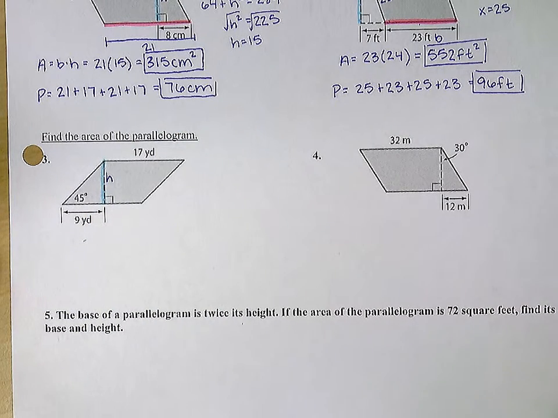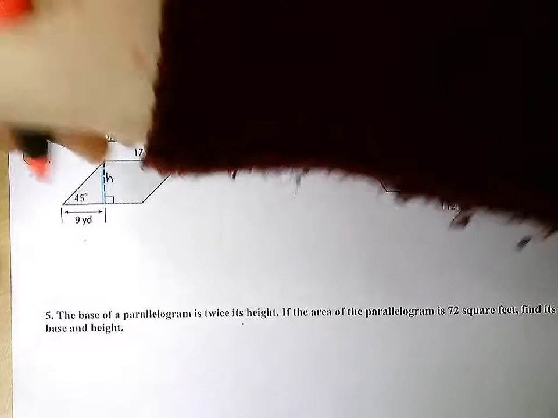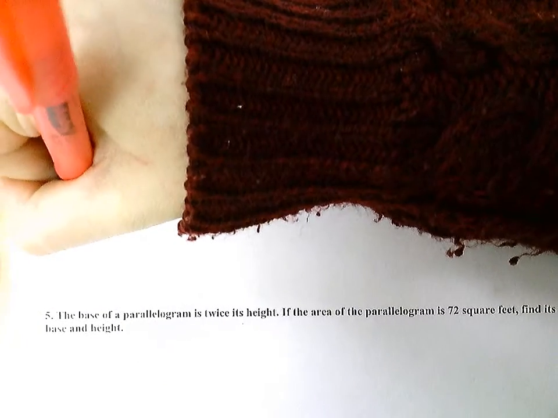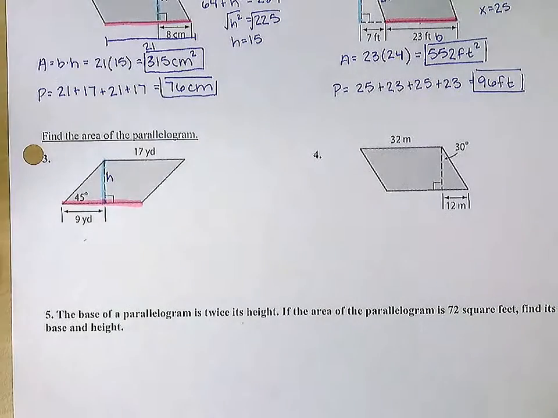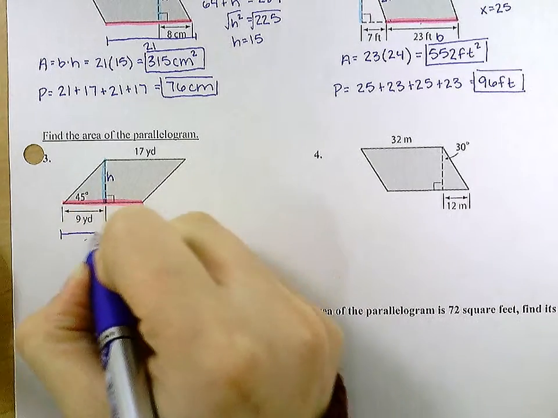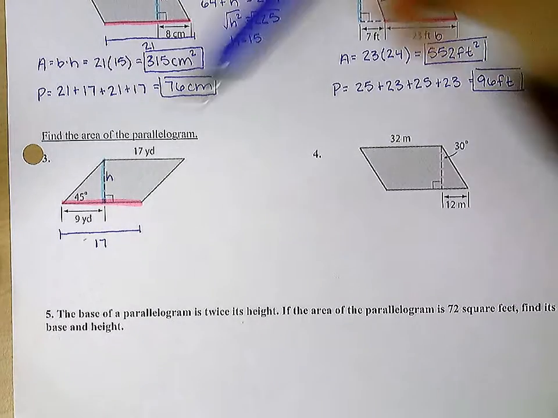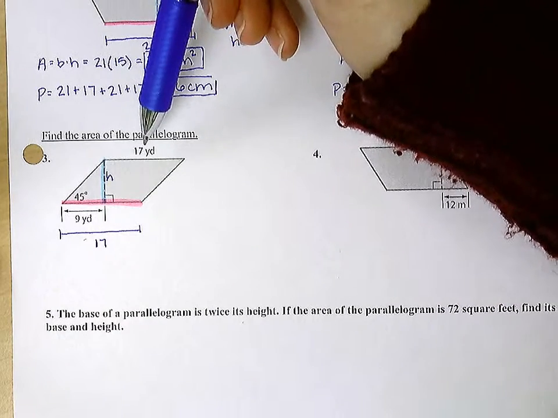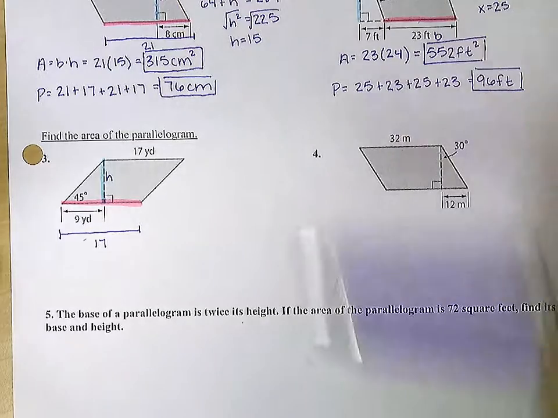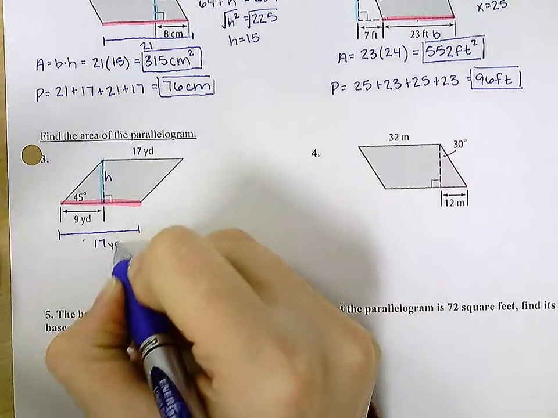Your base is where your height meets that side at the perpendicular. So that would be this entire side here. What is that entire side? It is 17. That entire side is 17 because its opposite side is 17. It is 17 yards, yes.